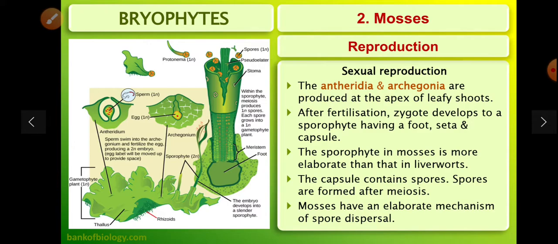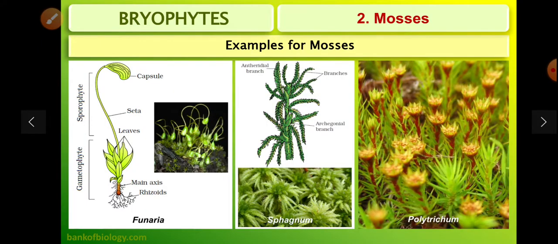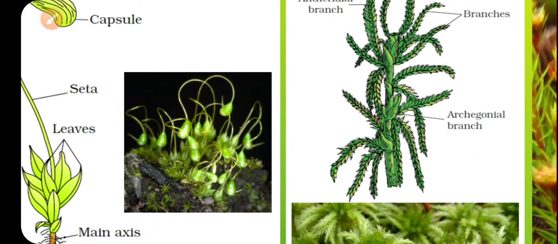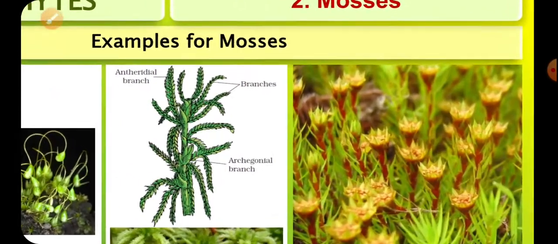The capsule contains spores. Spores are formed after meiosis. Mosses have an elaborate mechanism of spore dispersal. Examples of mosses: Funaria, Sphagnum, Polytrichum. You can see this diagram.